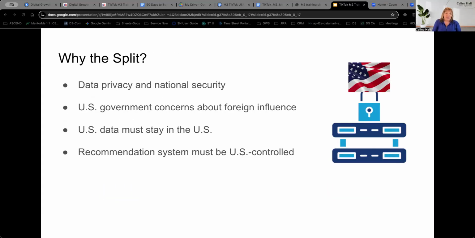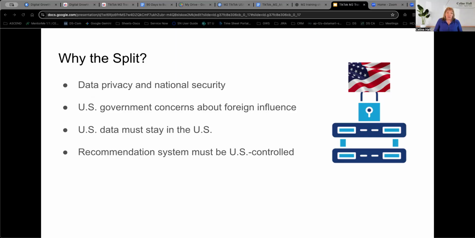So the separation wasn't optional for ByteDance. Okay, it was required by U.S. law. The U.S. government raised concerns about three main issues. The first one was data privacy. This was a fear that American users' personal data could be accessed or misused by a foreign government. The second issue was national security.